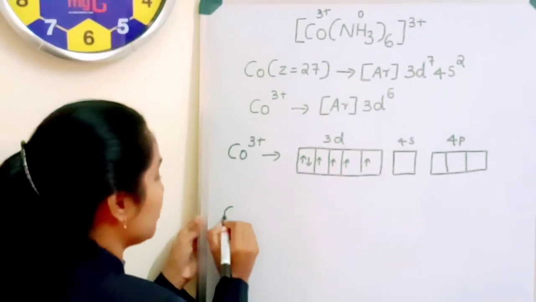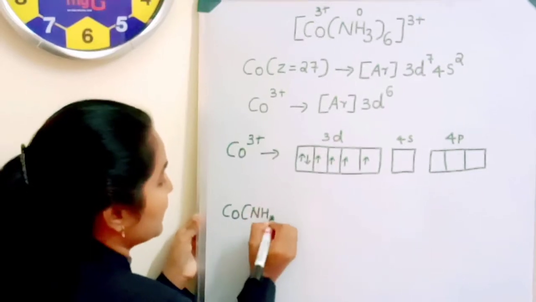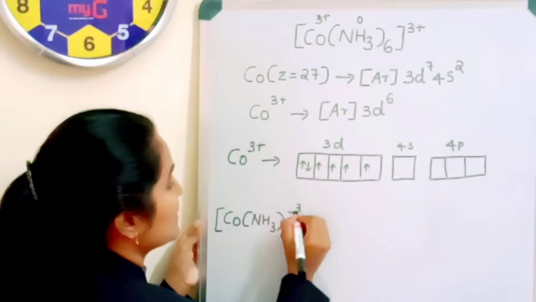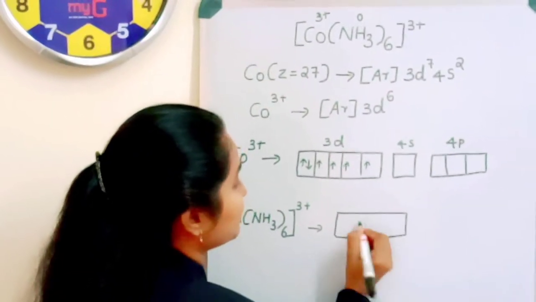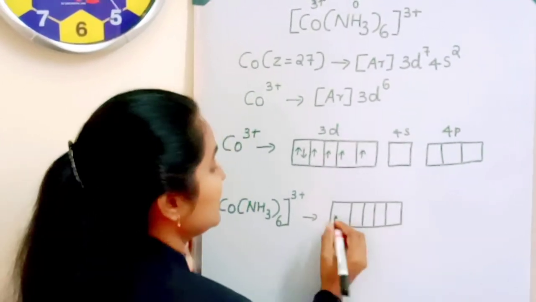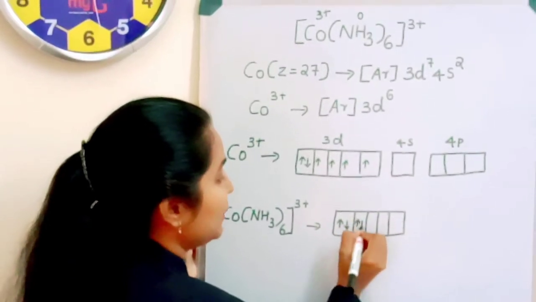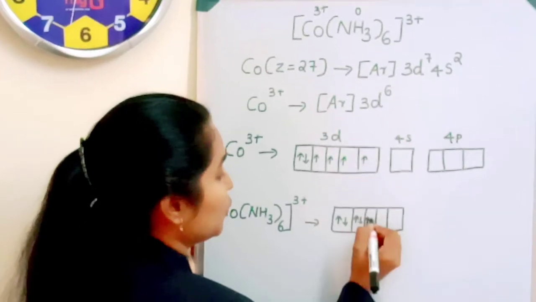Let's see the formation of [Co(NH3)6]3+. This is the 3d orbital. In that, all these unpaired electrons are coupled. These two will get paired up and these two will get paired up.